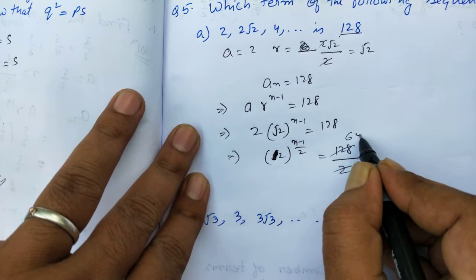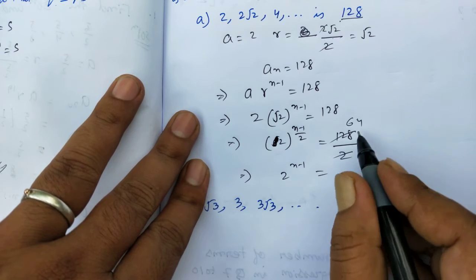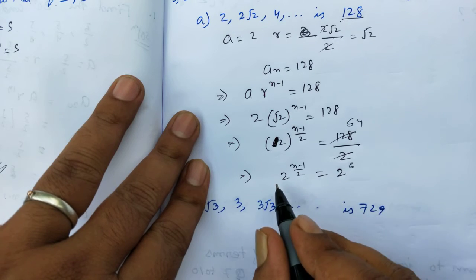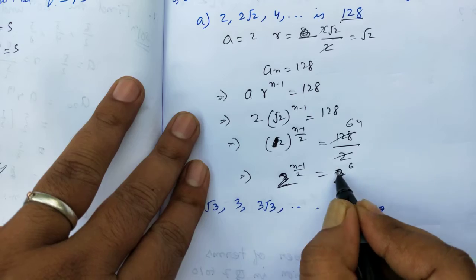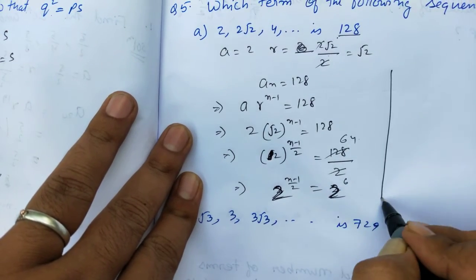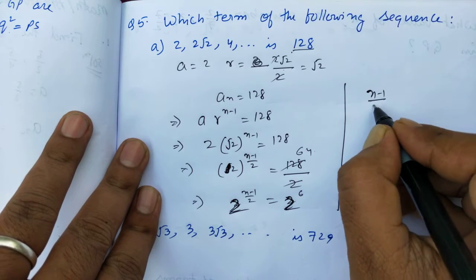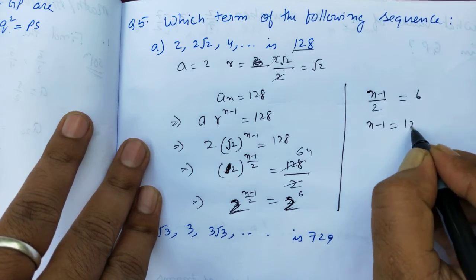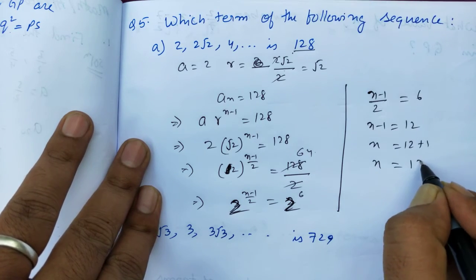Cancel 2, 64 times. So we're getting 2 power n minus 1 equal to 64, which is 2 power 6. Since the base is same, the power also will be same. That means n minus 1 will be equal to 12. N equal to 12 plus 1, that is 13.